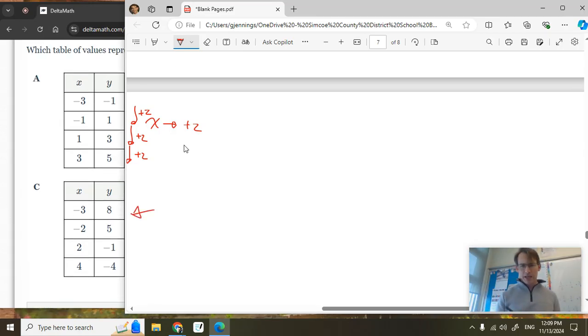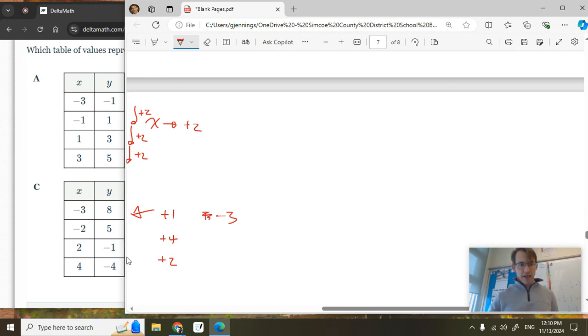Here, x is growing by a different amount each time, so it's a little tricky, right? First, x grows by 1, and then x grows by 4, and then x grows by 2. And if we take a look at the way y changes, y grows by 3, and then by negative 3. Negative 3.